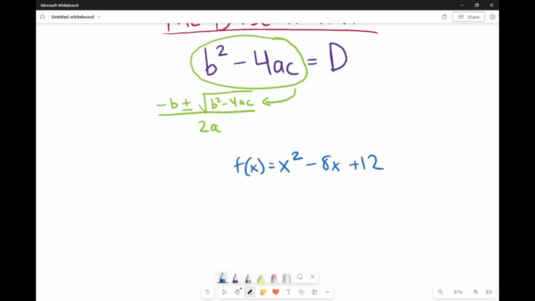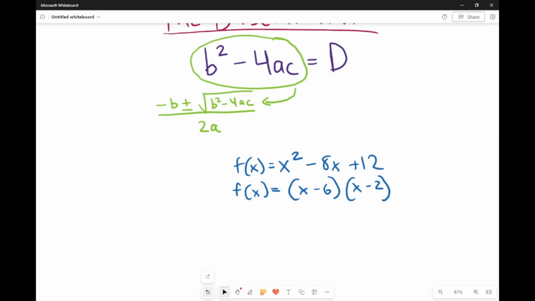If you know basic algebra, or maybe if you know factoring rather, you'll know that this is factorable to x minus 6 and x minus 2. Factorable basically means we try to find its factors while remaining its equivalent form. So this equation here is equal to this equation up here. We just factored it out.